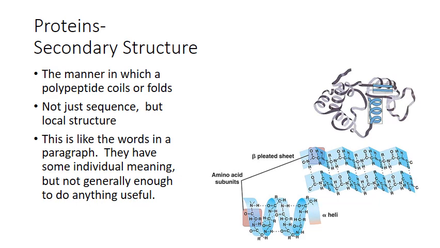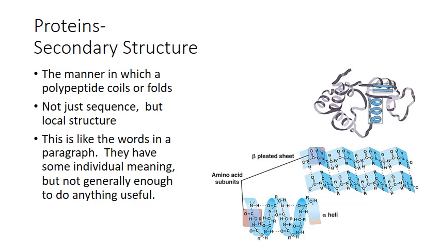Secondary structure is how that protein folds in on itself. This is what we call the local structure, the structure on a smaller length scale, like just a few amino acids that are interacting with each other.